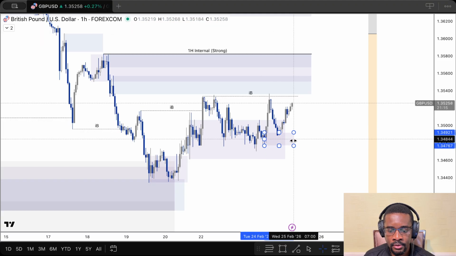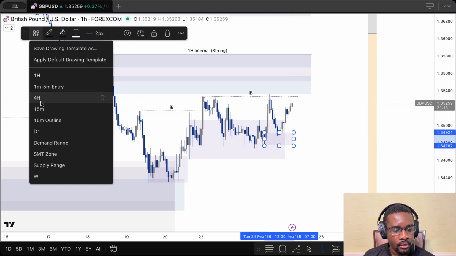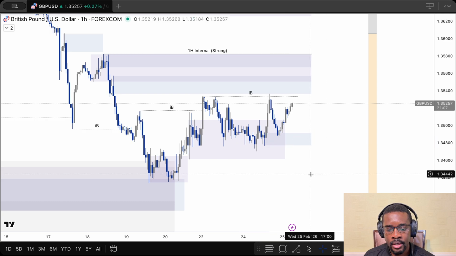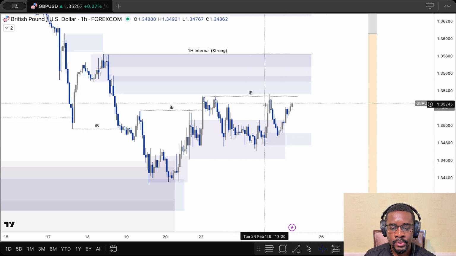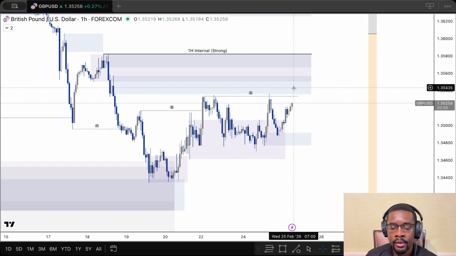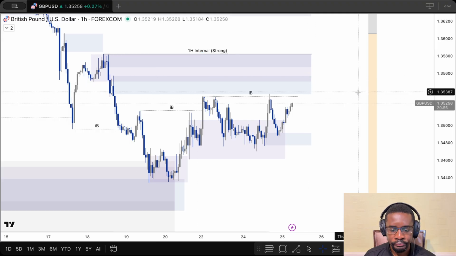So we have this fractal demand, where price has reacted and price is respecting. So the expectation is that price will continue bullish and then finally mitigate, or at least take out these highs, and mitigate the supply at the top.